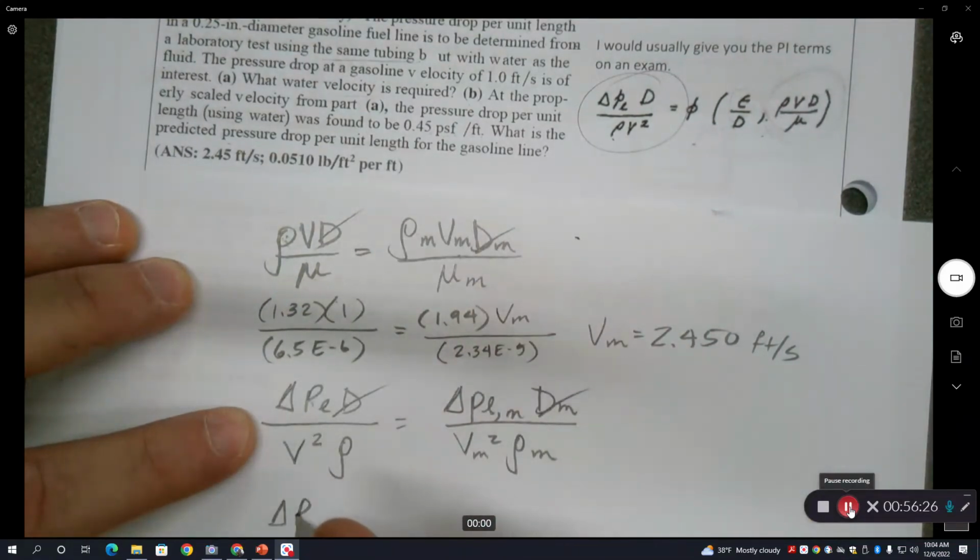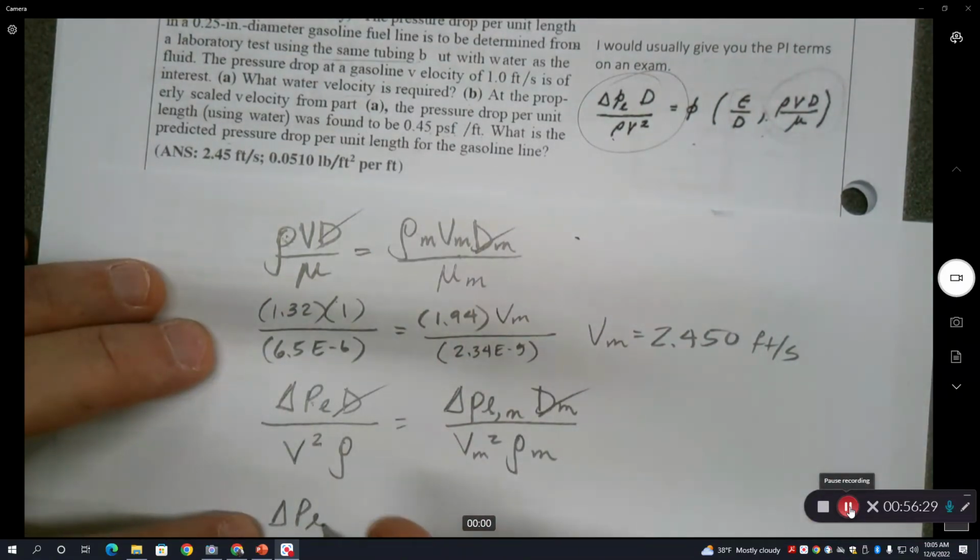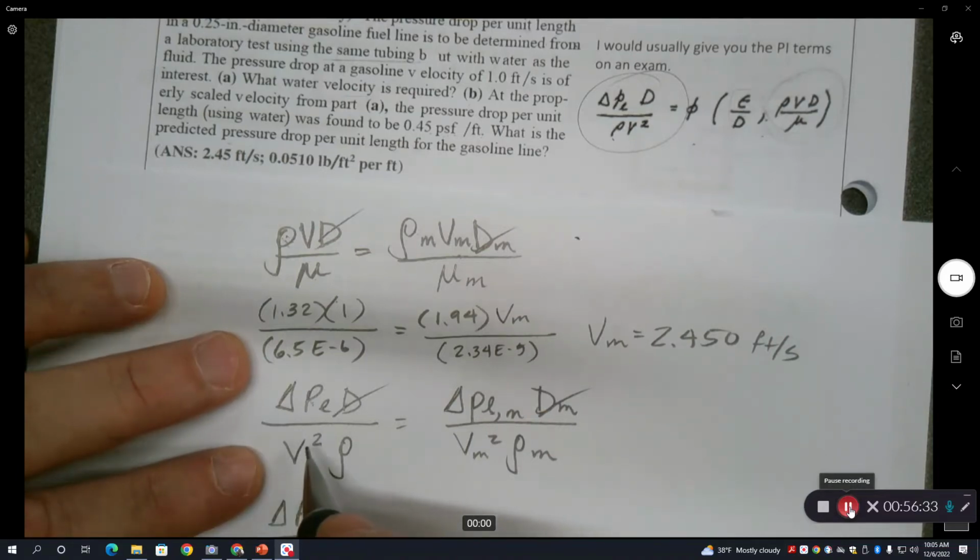So delta P L divided by V squared, that's one foot per second. The velocity is the one we just found for the model. And the density is going to be for the gasoline, 1.32, because this is the real thing.